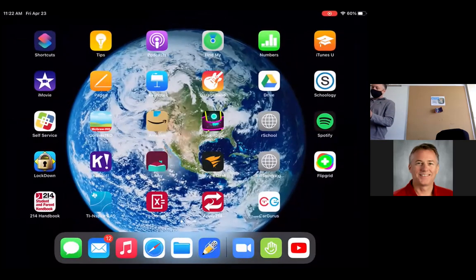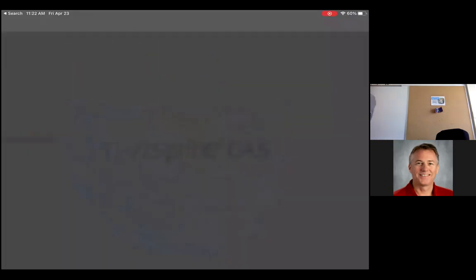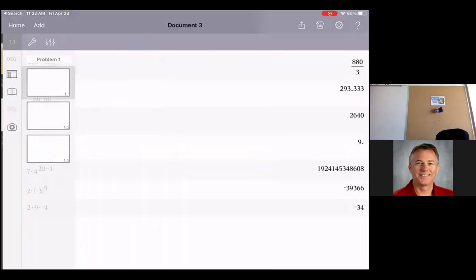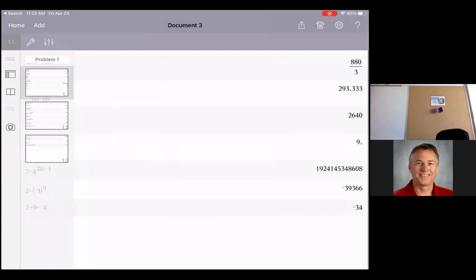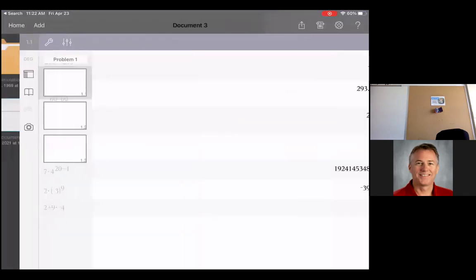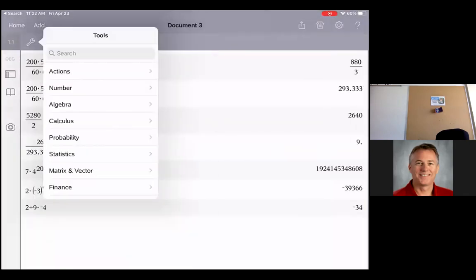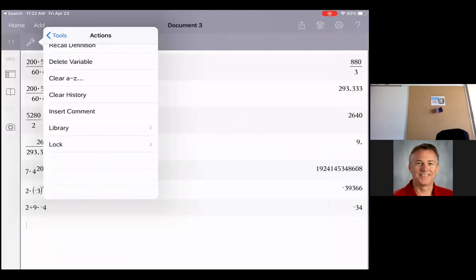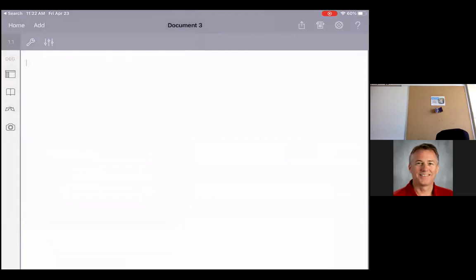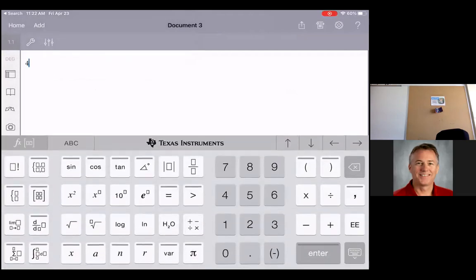I'm going to clean out all the junk here, so I'll go to my actions and clear history, just so we have a clean slate. And so I'm going to do 42 divided by 14, and that's 3.